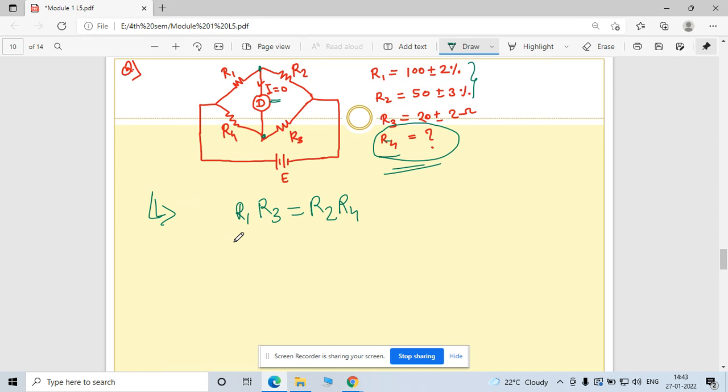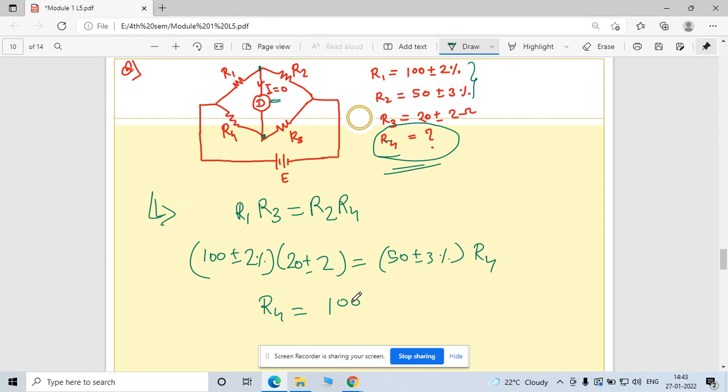Put all the values here and solve it. 100 plus minus 2%, and this R3 is 20 plus minus 2 ohm, which is nothing but 50 plus minus 3%, and this is your R4, right? So R4 is nothing but 100 plus minus 2% and 20 plus minus 2 ohm divided by 50 plus minus 3%.